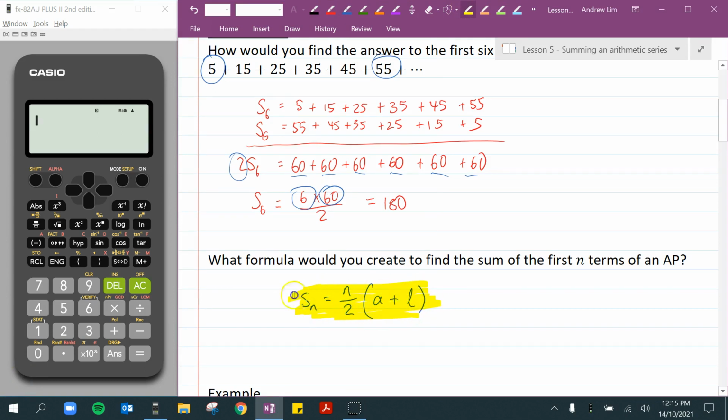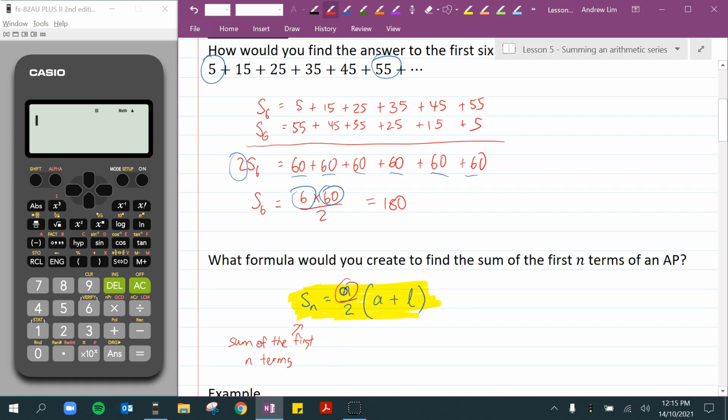Okay, so we've got the sum of the first n terms. Let's just make some notations. The sum of the first n terms. So for example, if n was 7, it will be the sum of the first 7 terms. If n was 11, it will be the sum of the first 11 terms.